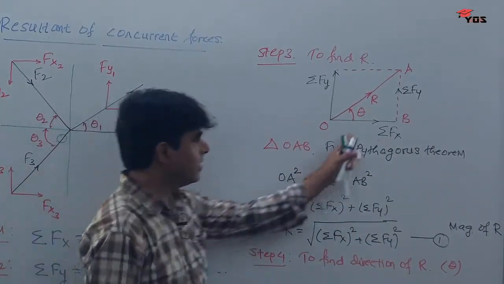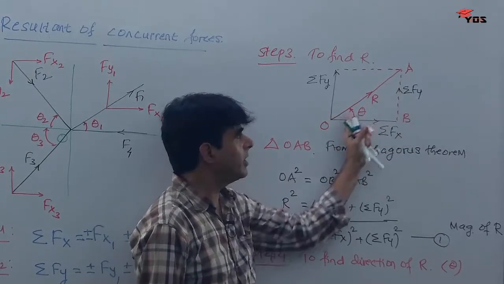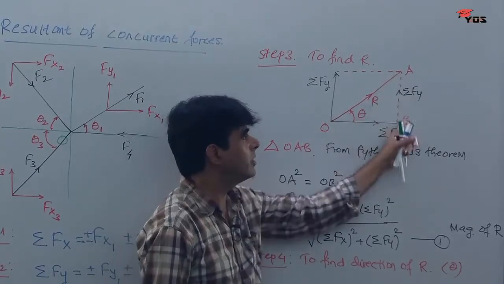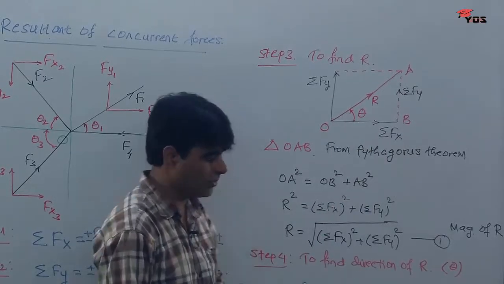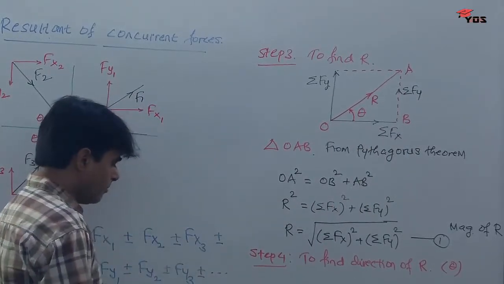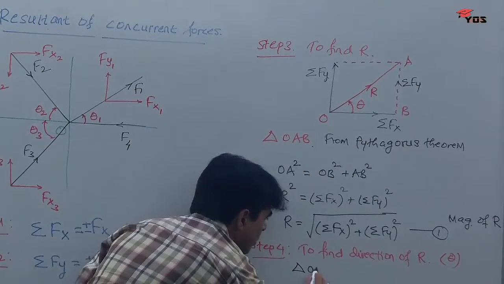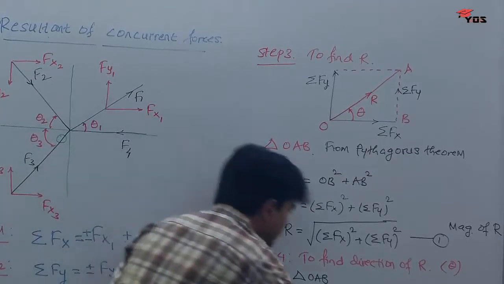Now how do you get theta? When sigma Fx and sigma Fy are known to you, then you can use trigonometric relation to get theta. Tan theta is given by what? Opposite side by adjacent side. So tan theta is sigma Fy by sigma Fx. Now from the same right angle triangle OAB, let us use tan theta there.